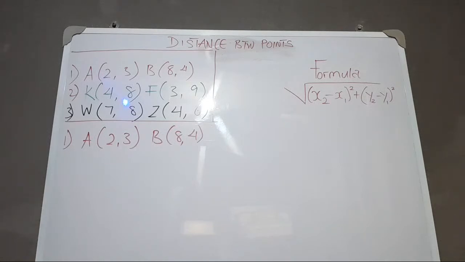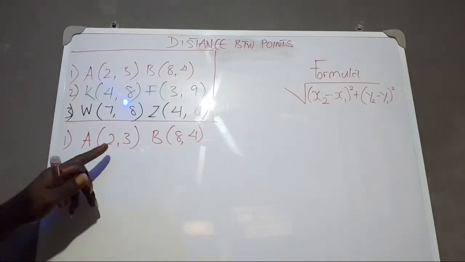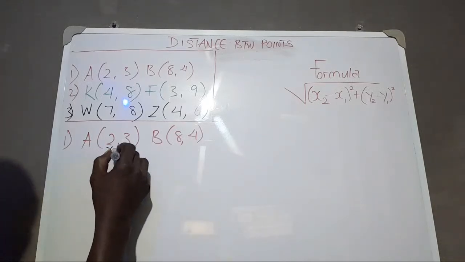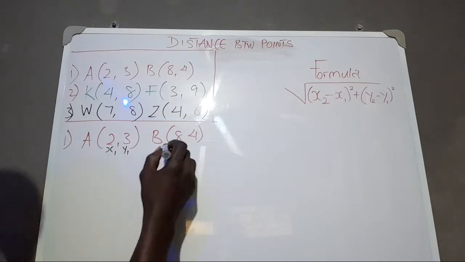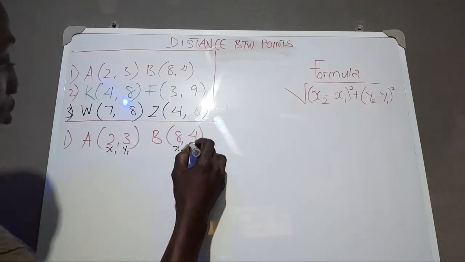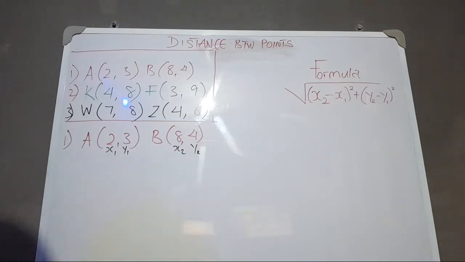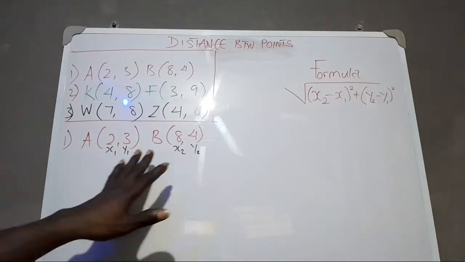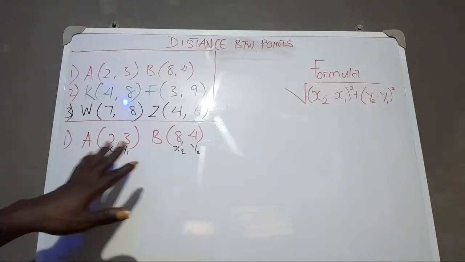Anytime we are solving for points, we are fond of doing something, and this is, we just put here x1, y1, x2, and y2. Now I'll explain why we are doing this, I'll explain how this arises.